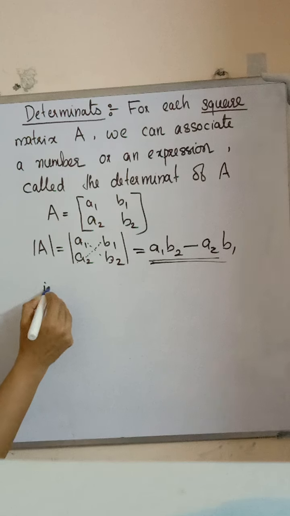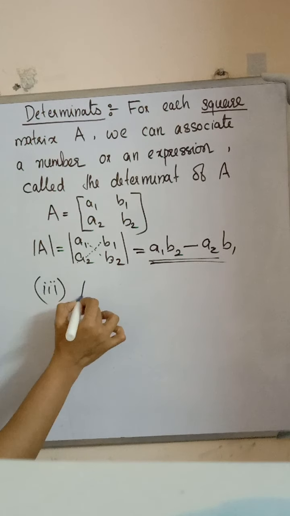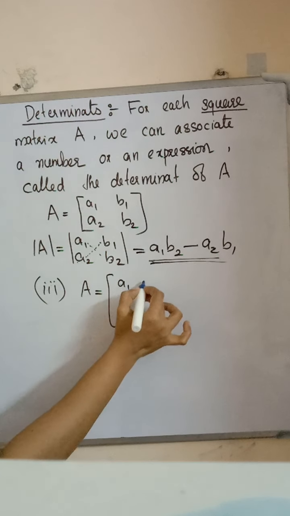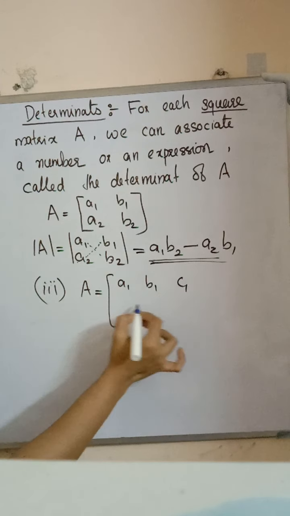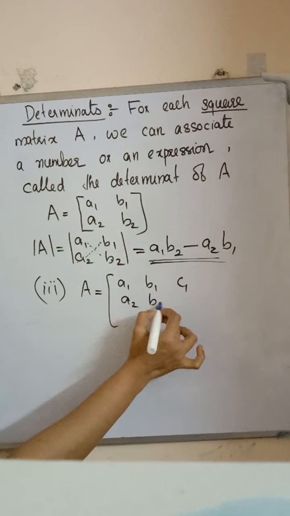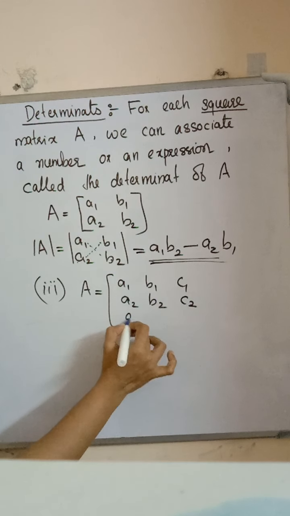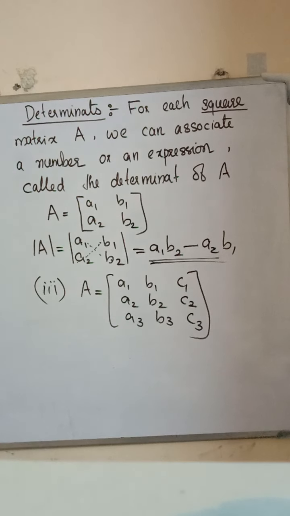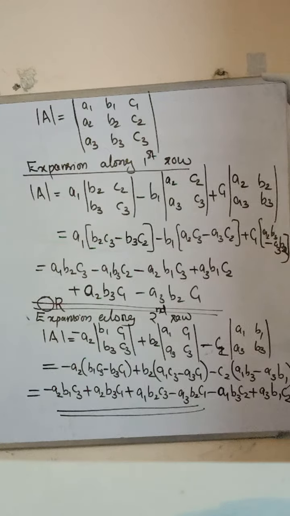Now we consider a 3 cross 3 matrix. A equals the matrix a1, b1, c1, a2, b2, c2, a3, b3, c3. Determinant A equals the determinant a1, b1, c1, a2, b2, c2 and a3, b3, c3.